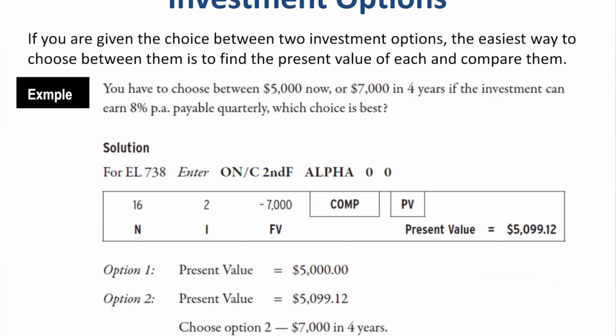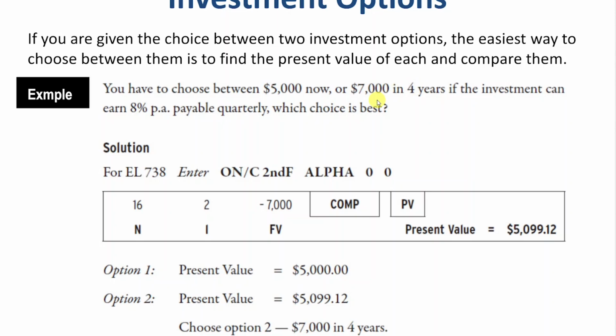Now let's look at the investment option. If you are given a choice between two investment options, the easiest way to choose between them is to find the present value of each and compare them. So you have to choose between 5,000 now or 7,000 in 4 years. You have to compare apple to apple.